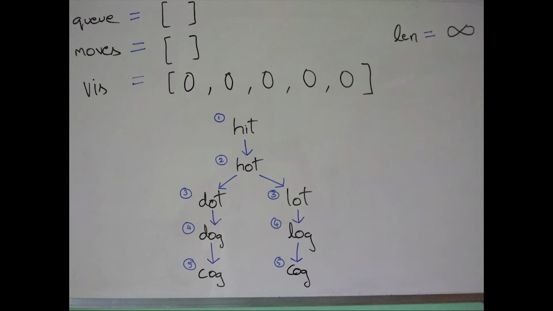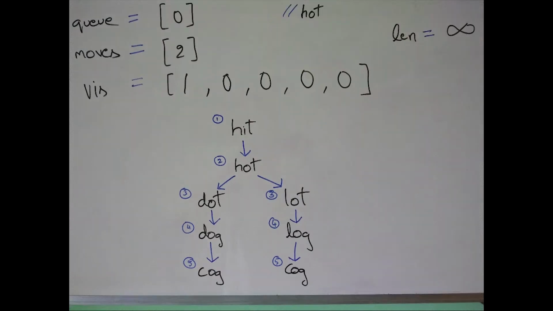So what we do is we take hot and insert the index of hot, which is 0, and we insert the value 2 into moves, because the number of moves required to go from hit to hot is 2. Actually you might say it is just one move, but according to the question, we must consider the initial element and the final element.